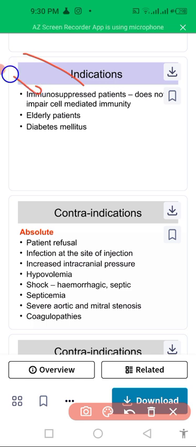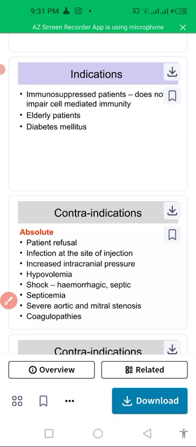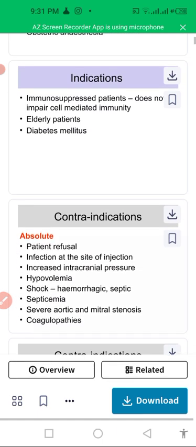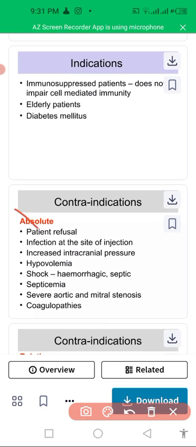Indications include immunocompromised patients, as it does not impair cell-mediated immunity, and elderly or diabetes mellitus patients. Contraindications are absolute and relative. Absolute contraindications are patient refusal, infection at the site, increased intracranial pressure, shock, septicemia, coagulopathy, or valvular disease.